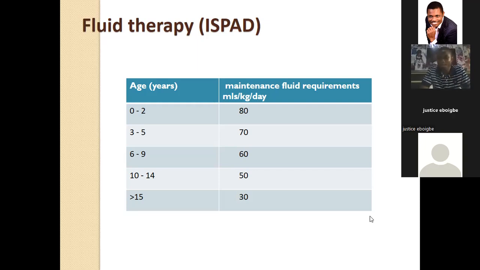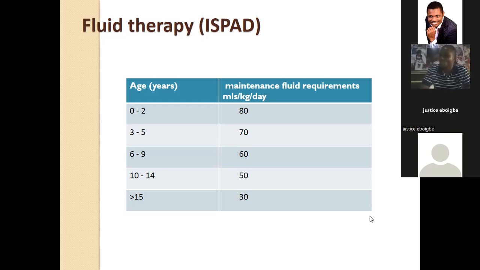Okay, so obviously you don't get it. That's why I decided to bring up an example. Remember, I told you that resuscitation fluid is the fluid you give to expand the intravascular volume.